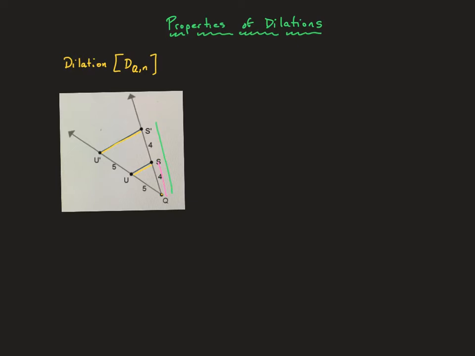So my dilation is going to be equal to some factor times my original image, or pre-image, sorry. And I know that QS is the length of 4. No, QS prime, sorry, my new image is going to be equal to 8, right?